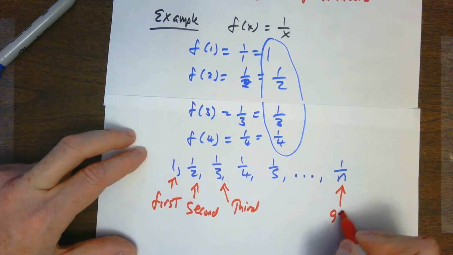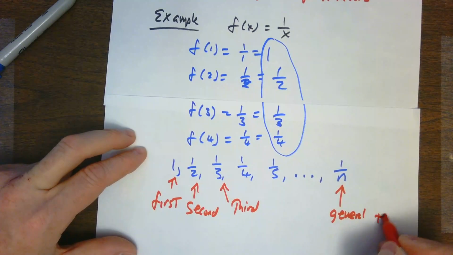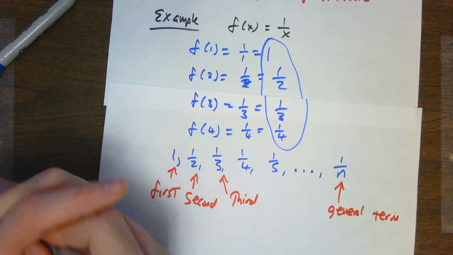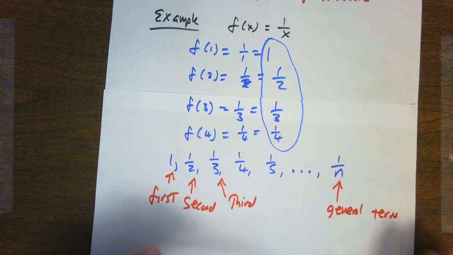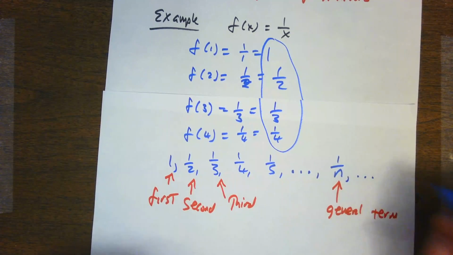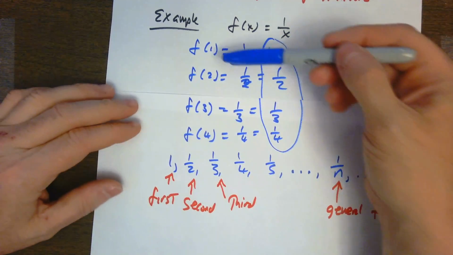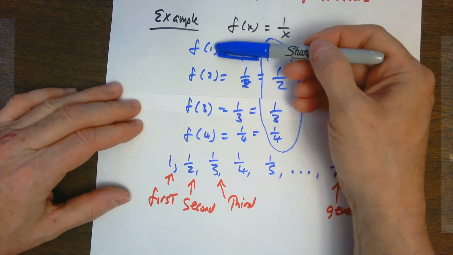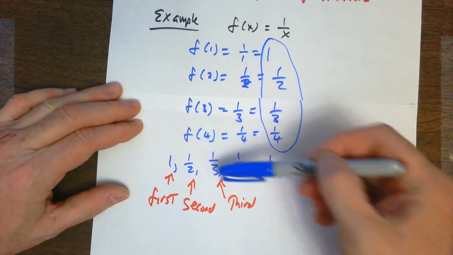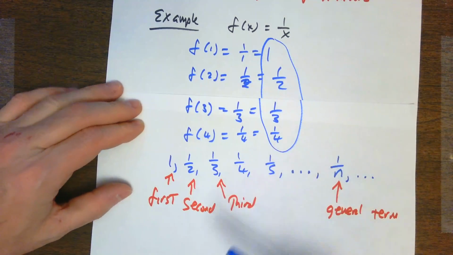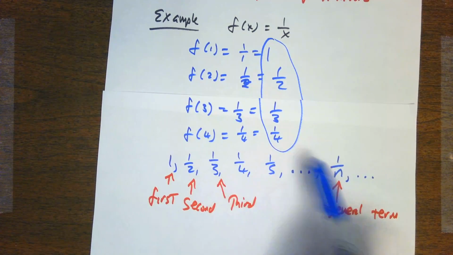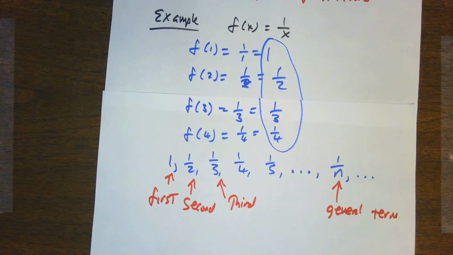And then this is called the general term, the term in general. And of course, the sequence would keep going. All right, so the domain is positive integers, f of 1, 2, 3, 4, and so on. The output can be anything. So this is one example of a sequence.